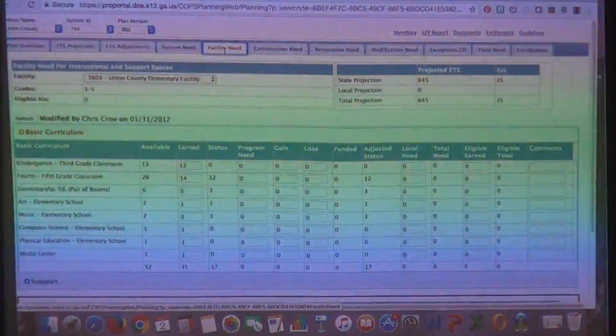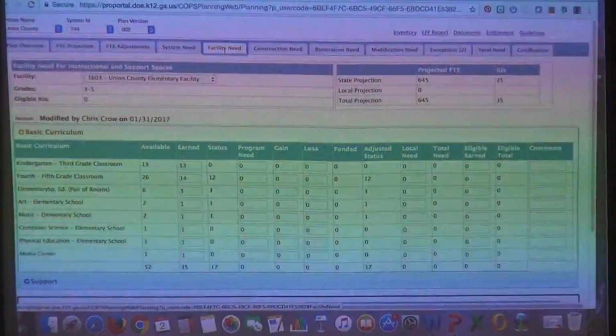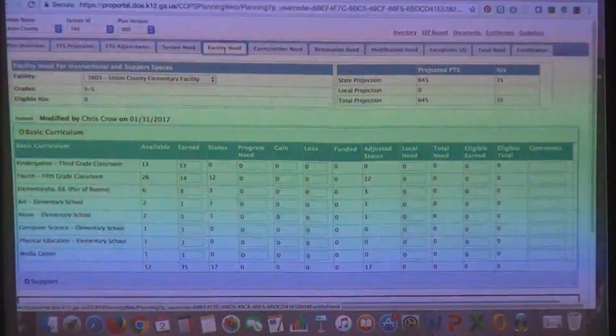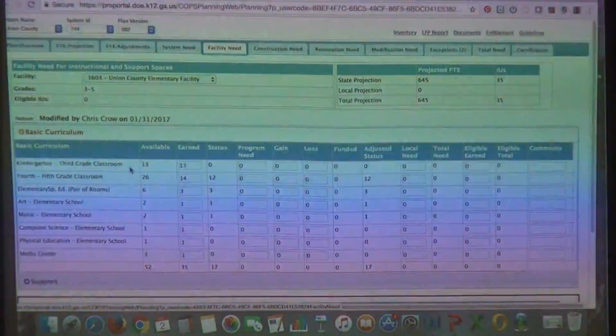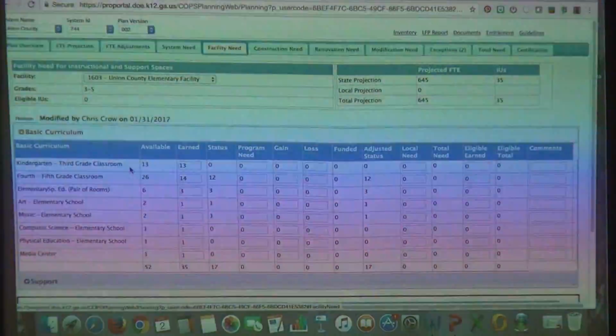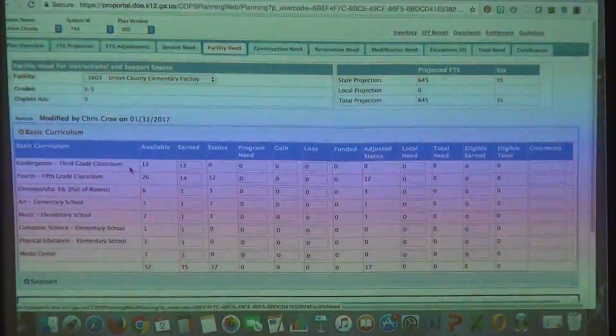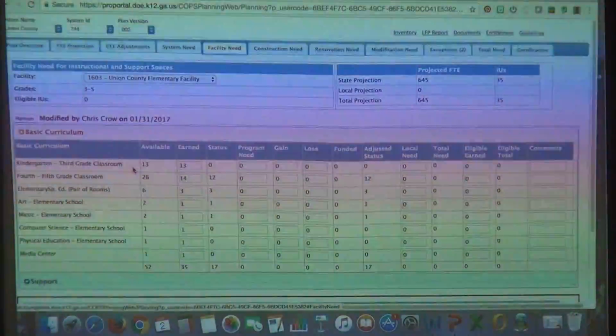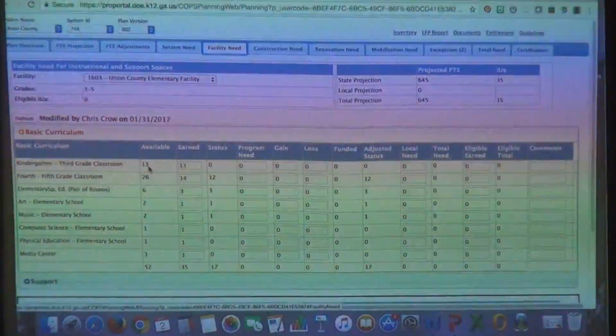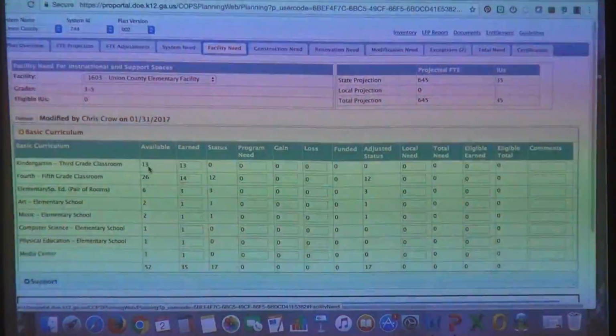So you can look at each classroom and the specialty areas. You can see that they list kindergarten through 3rd grade. Can you remember back a while ago when I talked about the size requirements for grades? K through 3rd is 750. So you have 13 available classrooms there that are 750 or more.